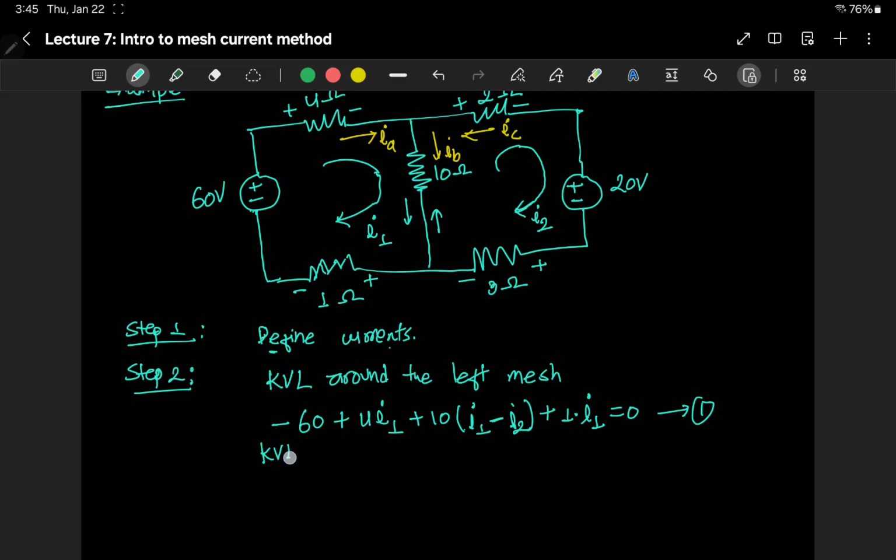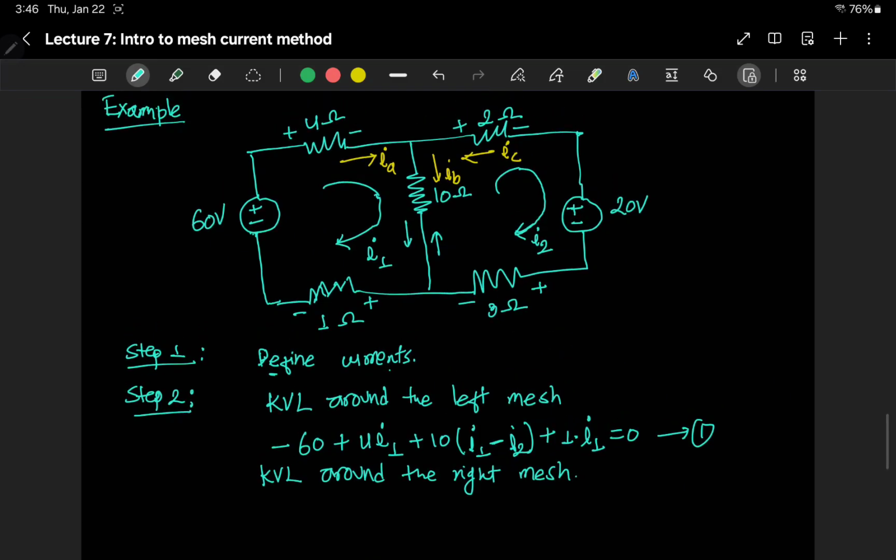Similarly, we can apply KVL around the right mesh. Let's start from this 2 ohm resistor where we have 2 times I2, because that is the mesh current.